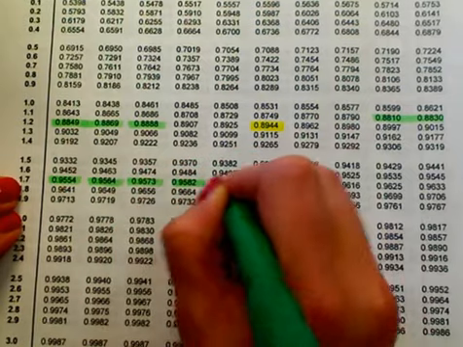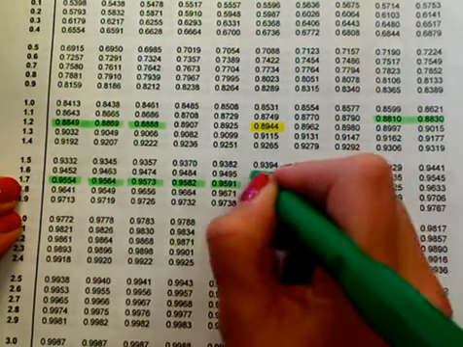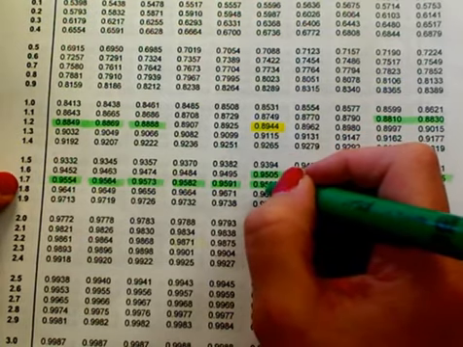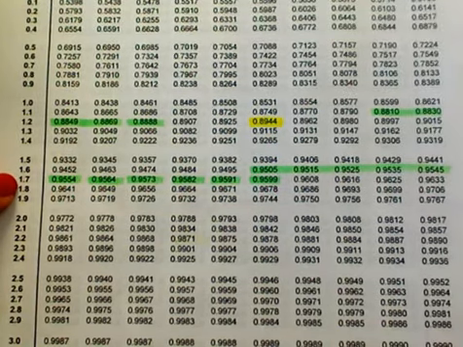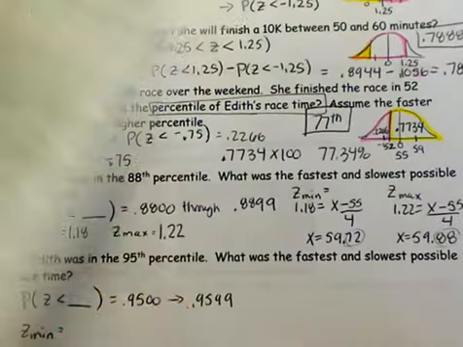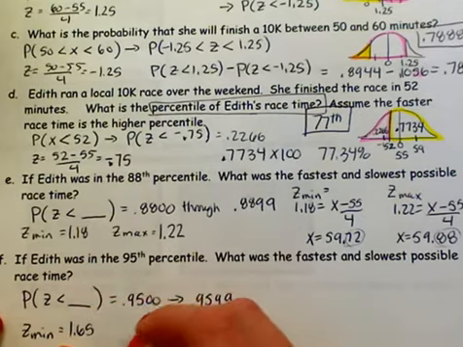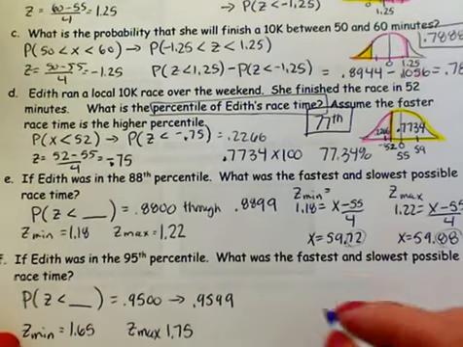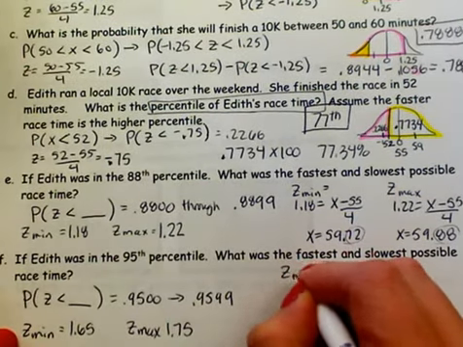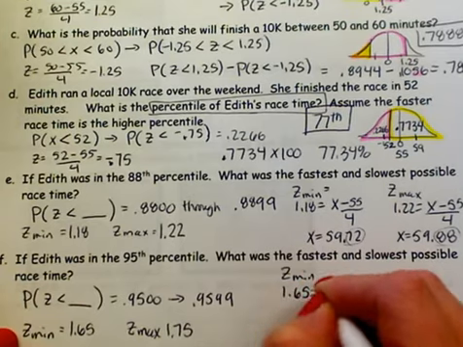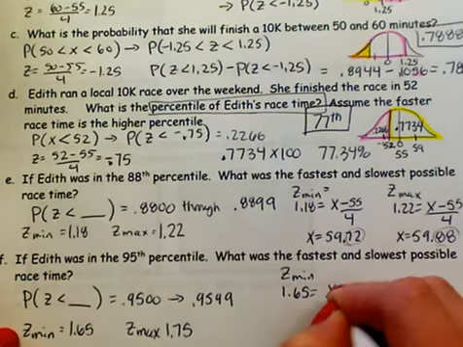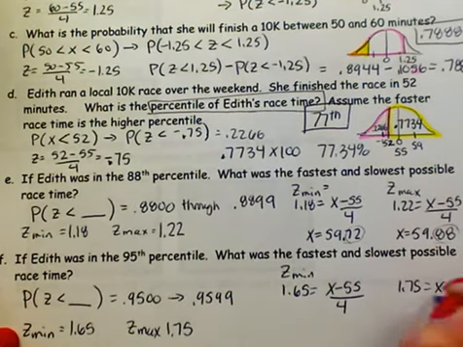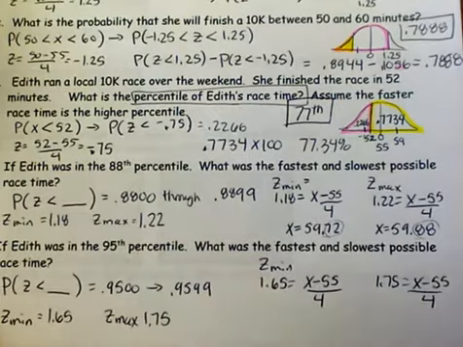Oh, there's a lot of 95s. 1.65. 1.75. Okay. Data minus, okay, let's find our data.